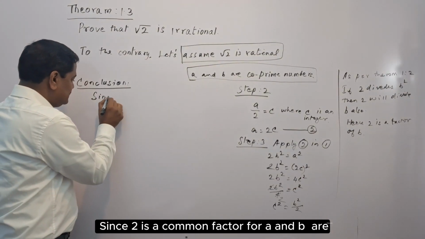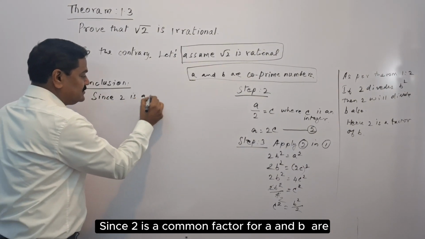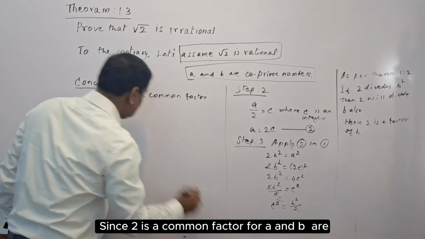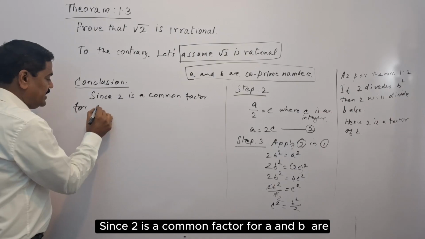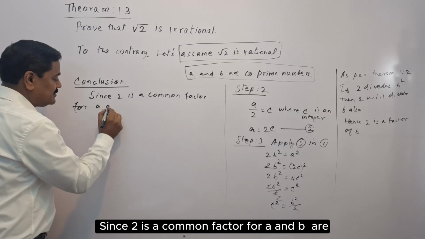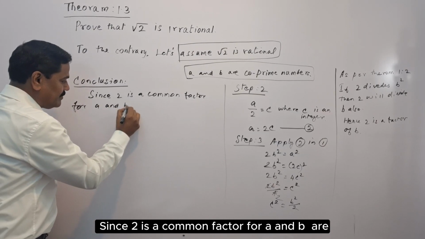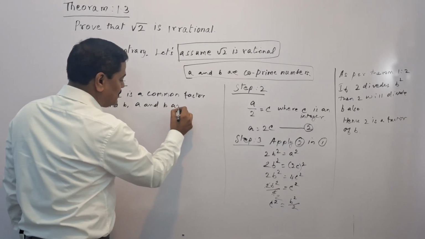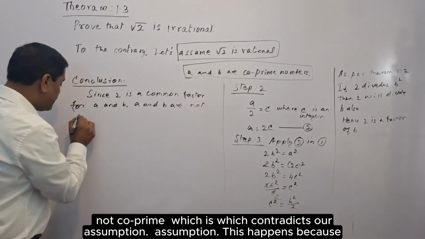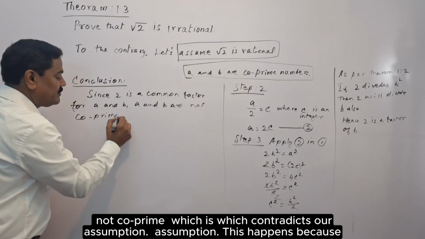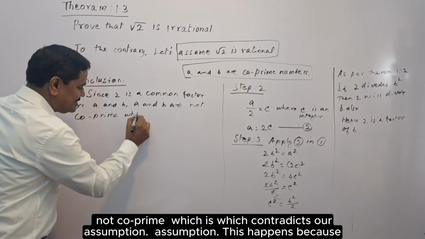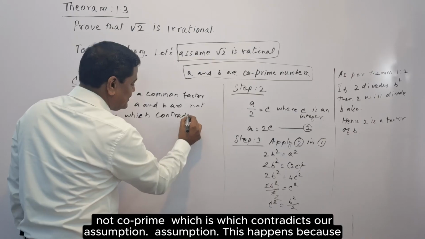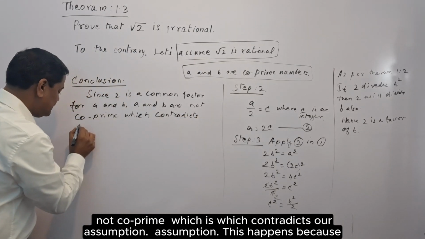Since 2 is a common factor for a and b, a and b are not co-prime, which contradicts our assumption.